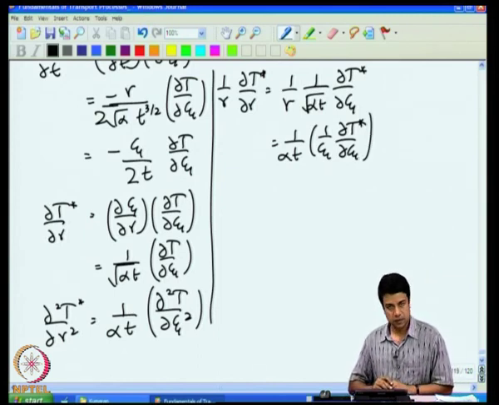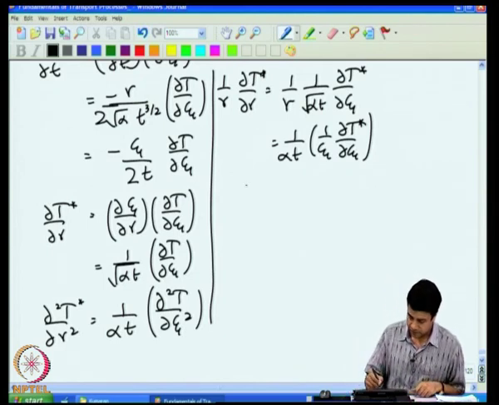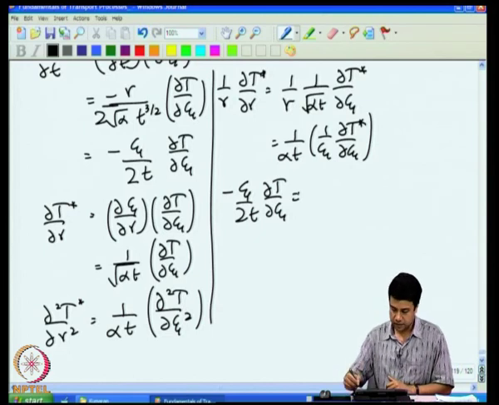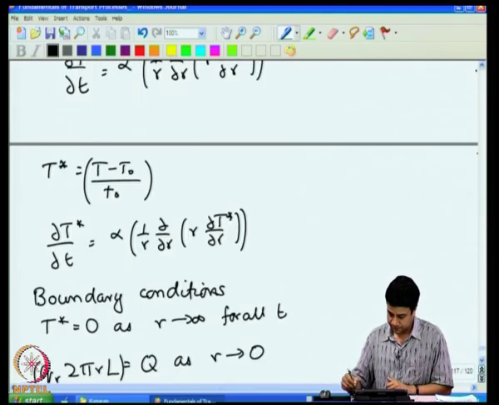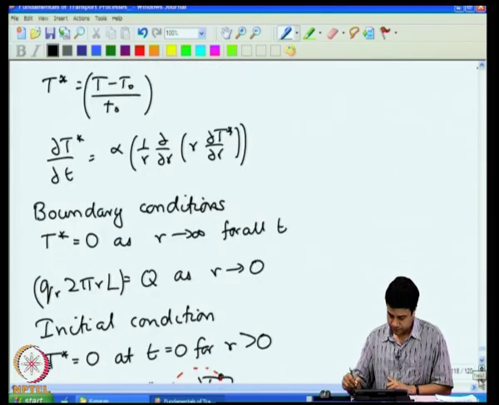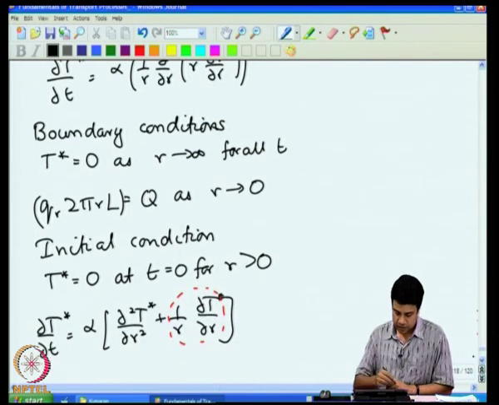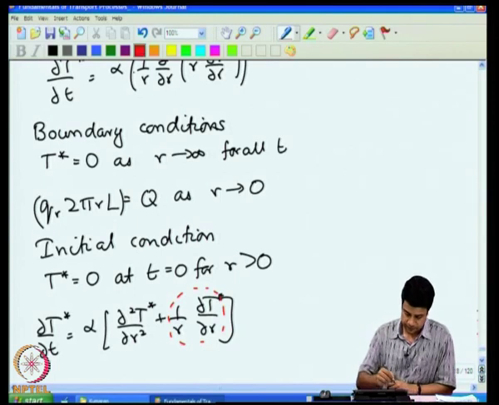Put all of these together into the differential equation. Okay. So, I will have minus psi by 2t dT by d psi, the time derivative, this is the equivalent of the time derivative on the left hand side.